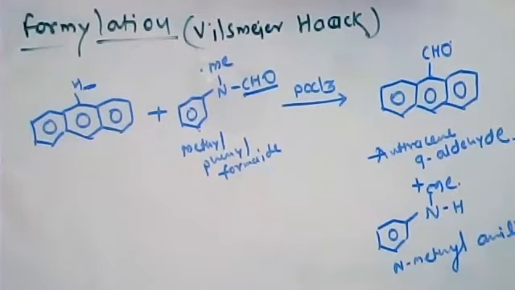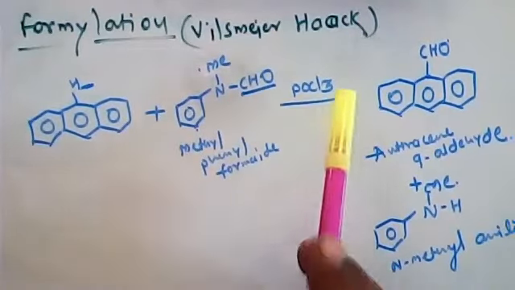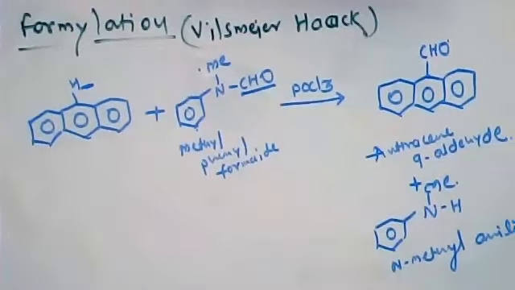What happens in this case? Anthracene is reacted with methyl phenyl formamide along with phosphorus oxychloride, POCl3.